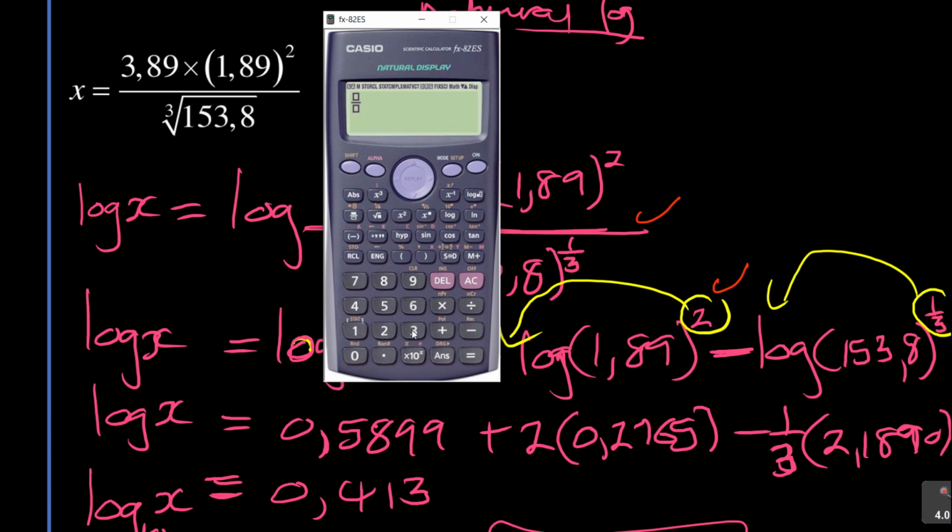I'll get that 3,89 times, put a bracket, 1,89 squared, over cube root, which is shift, of 153,8. I hope I was doing this right. There is 2,593. What was your answer, Anu?